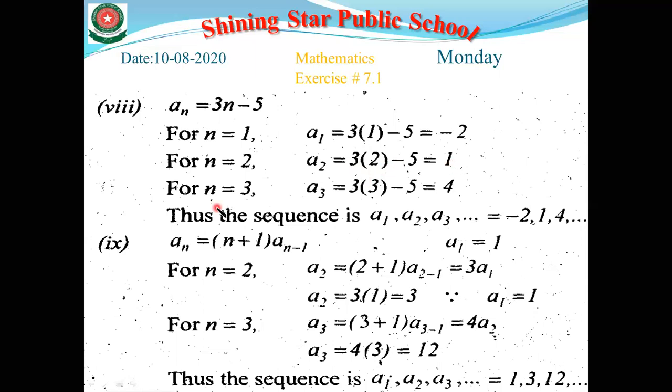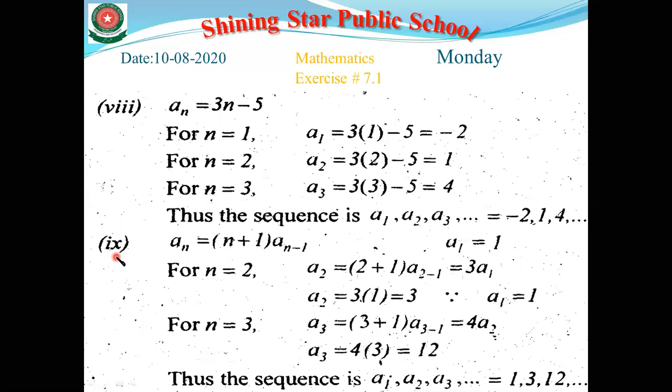Now, for n equal to 3, we replace the n with 3. So it becomes a3 equals 3 multiply 3, 9. 9 minus 5, 4. Thus, the sequence a1, a2, a3 is minus 2, 1 and 4.